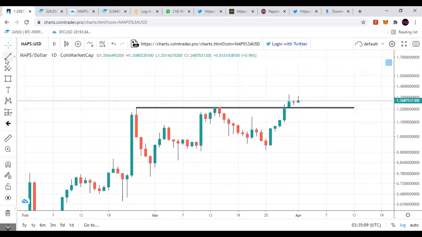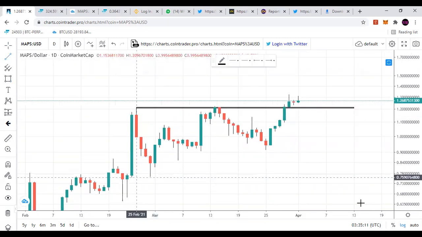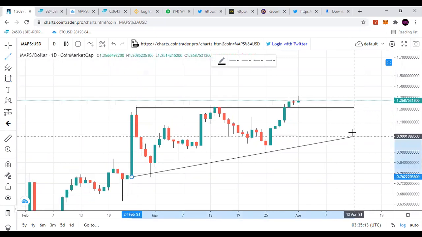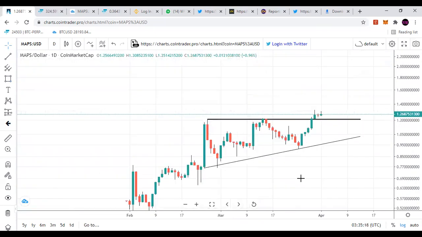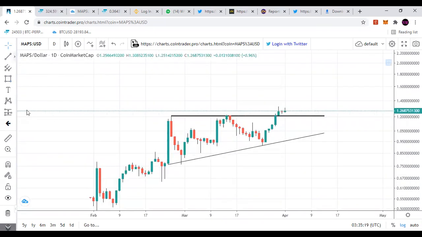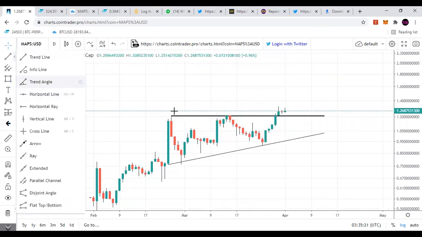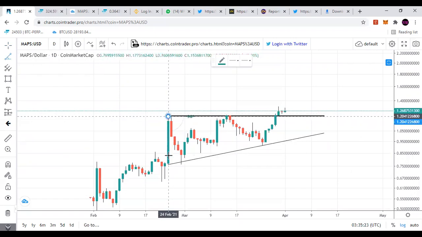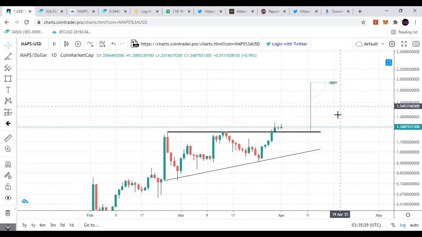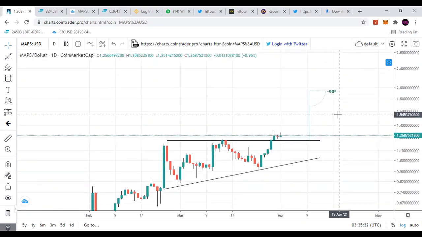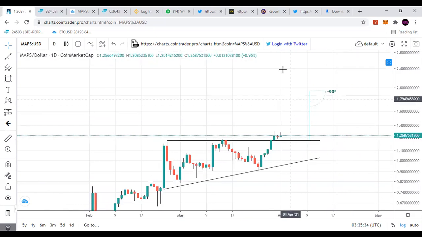So we have this and an upsloping support, just like I said earlier. Now, how do we calculate our target? We'll calculate this target by using this, to the upside here.